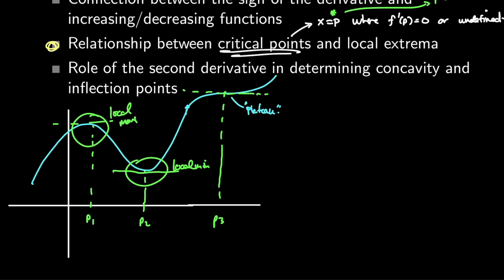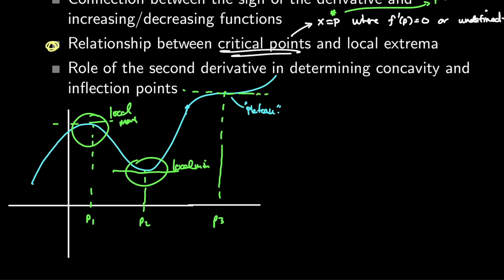Because it was increasing before, and it's increasing after, and so it's not an extrema. It doesn't take on a value that's higher or lower than the function nearby. It's kind of unremarkable outside of the fact that it's a bit of a flat spot. Okay. But this is the relationship between critical points and local extrema. They can be local extrema, but they aren't always. Right? And that's why we need to use the derivative tests or just one or the other to determine that.